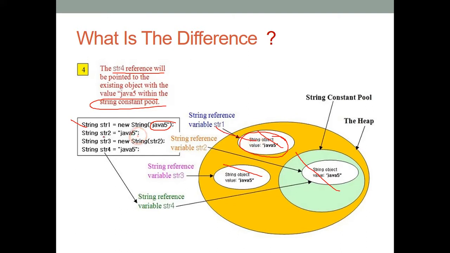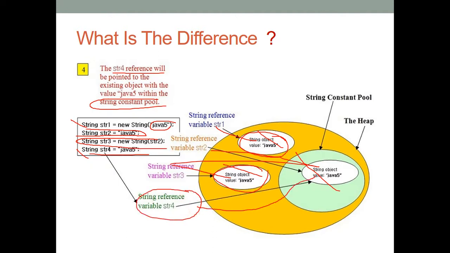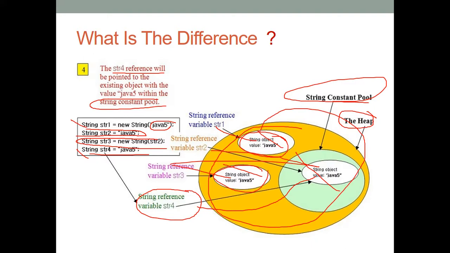But if you create a string literal, it is stored in the string constant pool. If you create it again like that, it only points the reference to the existing string in the constant pool, so a new object is not created. I hope you understood. This is the string constant pool and this is the heap area, all of this green color is the heap area.